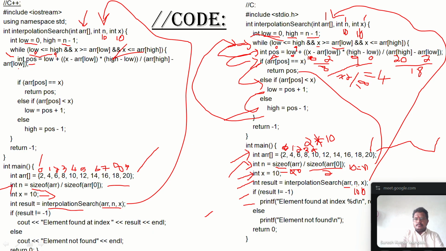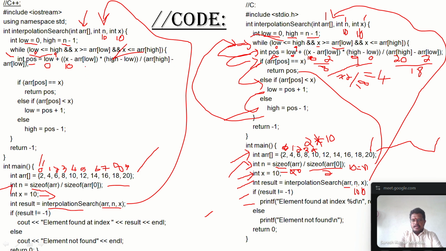Here, low is identified as 0 and x is identified as 10. arr of low means arr of 0. What is the value we have here? 2.